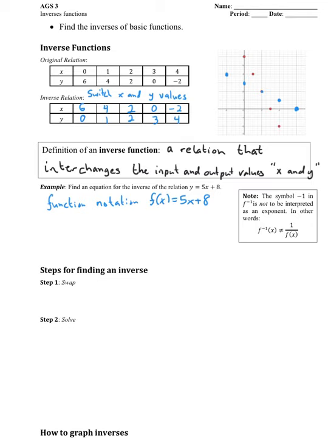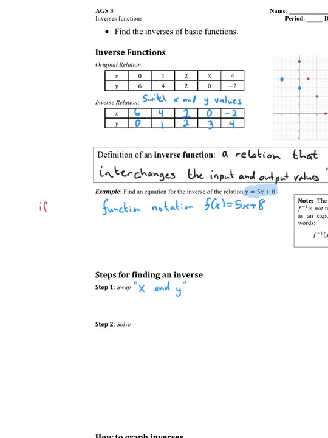And then what we would do first to find an inverse, we're going to swap x and y. So even though this function started as y equals 5x plus 8, if written in function notation, we want to rewrite it as y equals 5x plus 8 just for our sake.